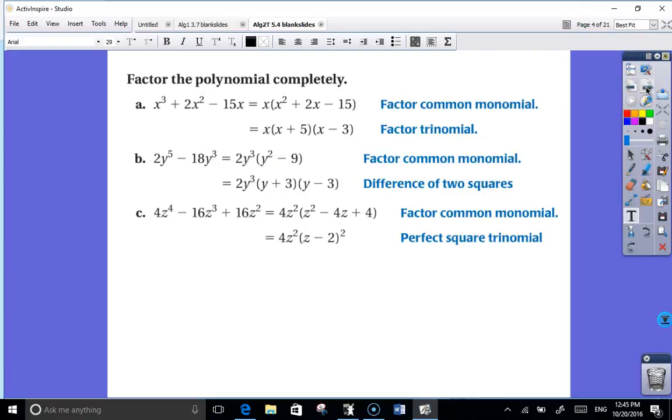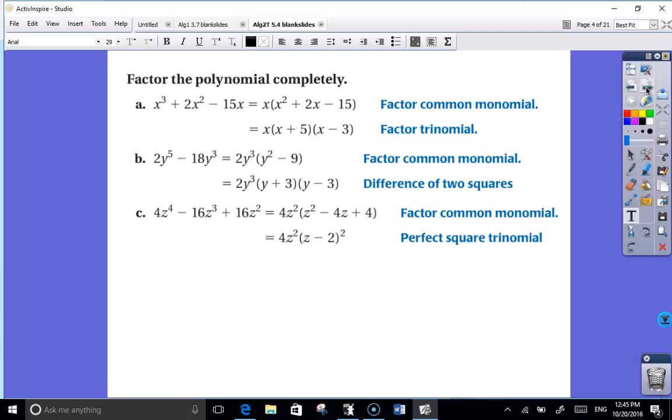So first, these are all greatest common factor. If you look at each one of them, you're starting with a polynomial which is higher than a quadratic, but there's a greatest common factor of some power of the variable. So in the first one, it's x to the third, but actually each term has got an x in it.